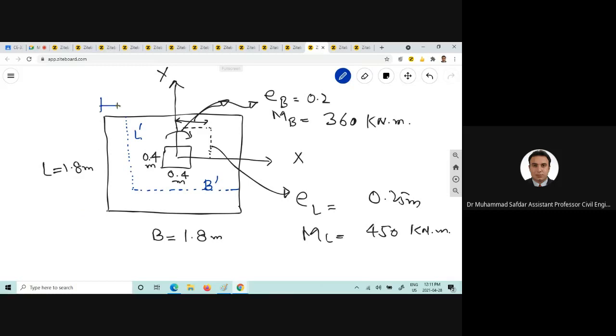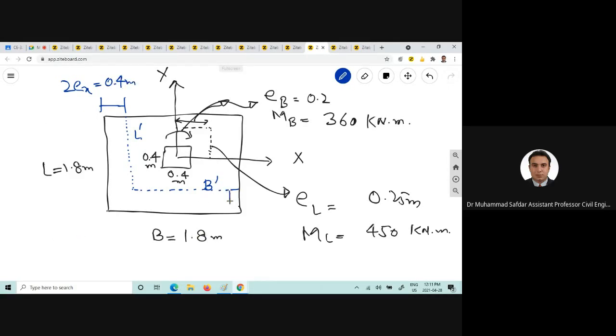Now we will call this distance 2ex, and that would be equal to 0.4 meter.